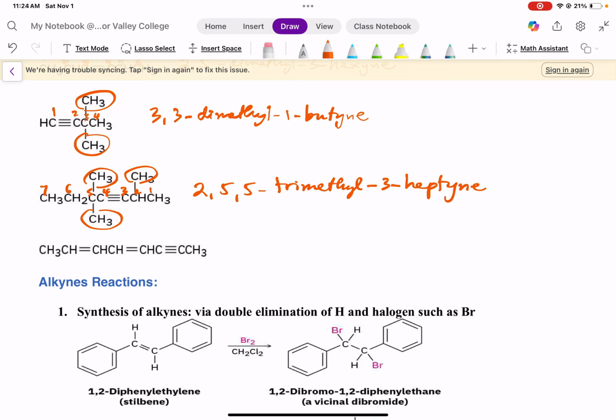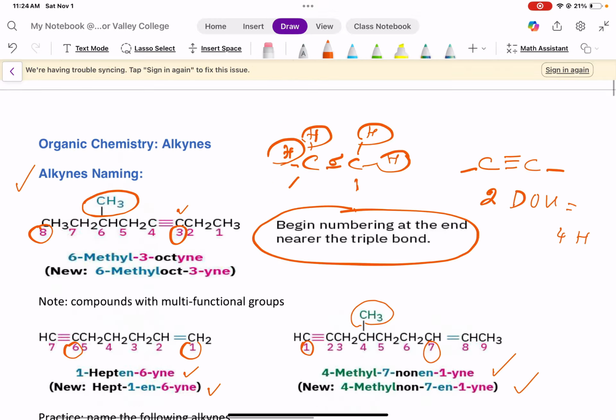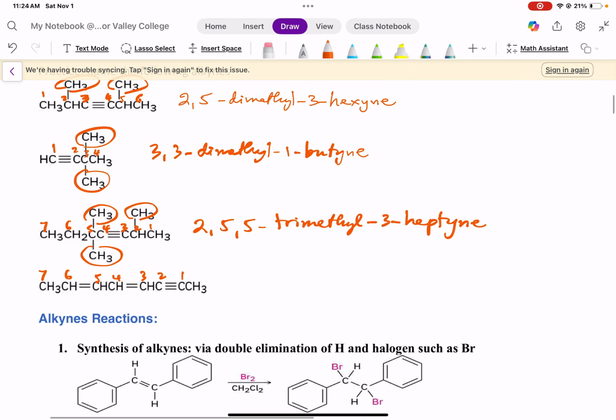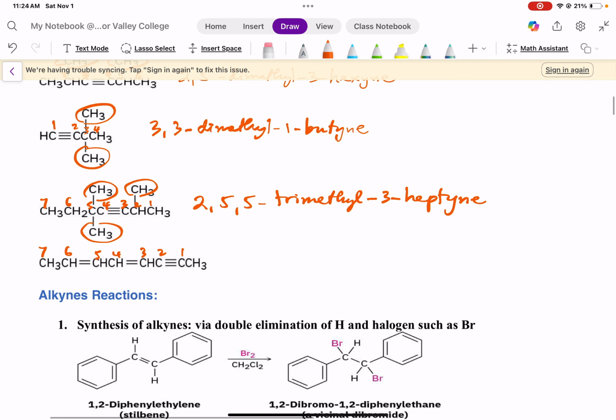Okay, here we got 2 double bonds and a triple bond. So we're going to go 1, 2, 3, 4, 5, 6, 7. Hopefully I got everything there. Now, this one, we got a 3, 5, right?